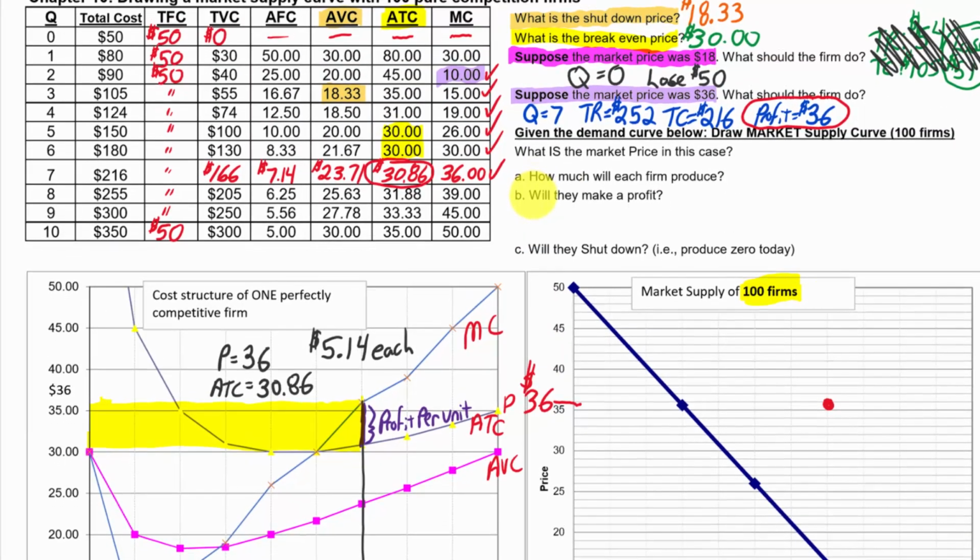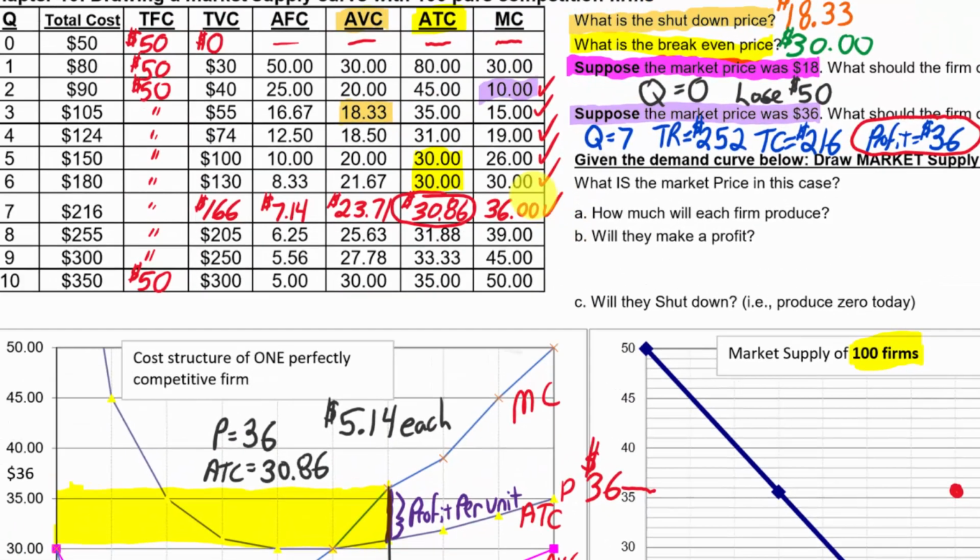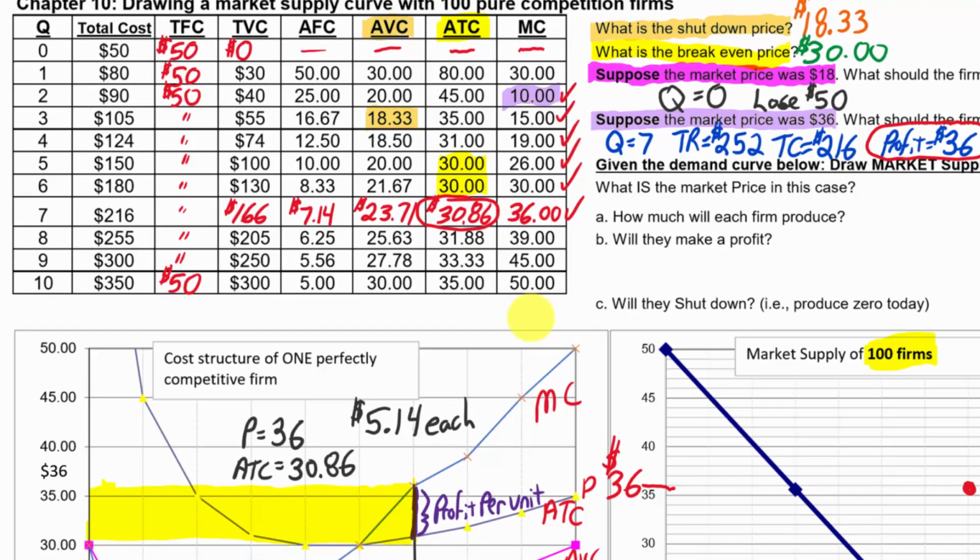So the easiest way to do this is just to look at the table here, and let's start at the highest marginal cost on this table, right here, this $50. And if the market price was $50, what quantity would this one little firm want to produce? Well, since they're going to keep producing as long as the price is bigger than or equal to marginal cost, they would want to produce 10 units. Okay, one firm produces 10 units. 100 firms produce 10 times 100.